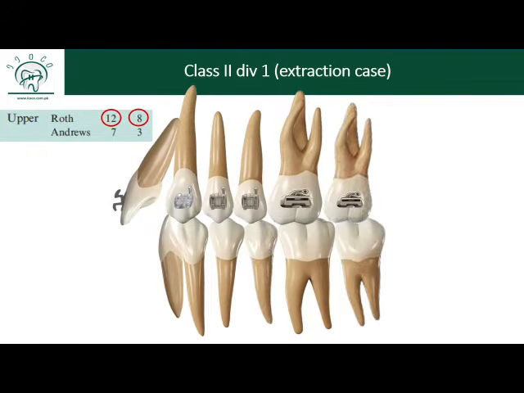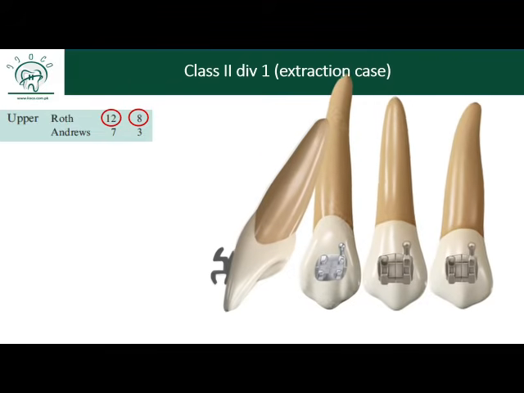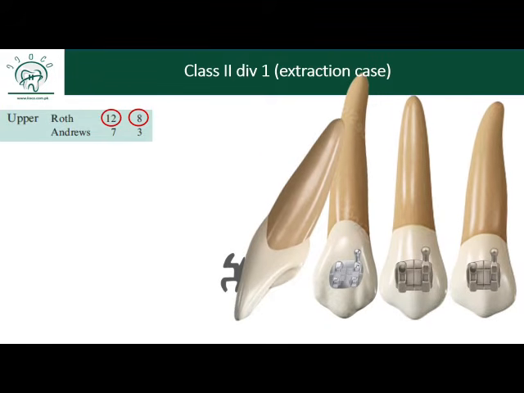Regarding the increase in the torque values of the upper central and lateral incisors, the reason is the same as we discussed in the previous lecture, and it is the play in the bracket slot and overcompensation. Let me explain it again. Let's assume an extraction case in which Roth gave Andrews bracket prescription.